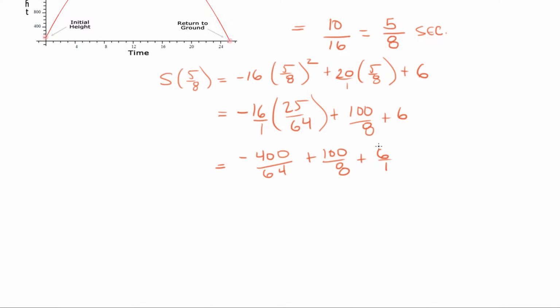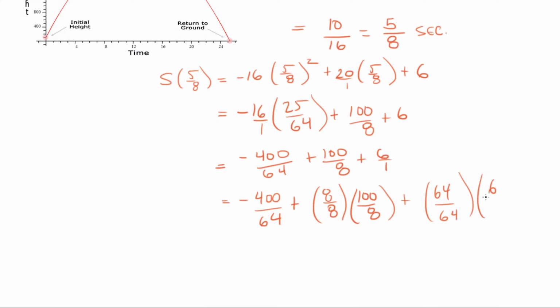Now we need a common denominator, which is 64. So I need to multiply this one by 8 over 8 and this one by 64 over 64. So you're left with negative 400 over 64 plus 800 over 64 plus 64 times 6, which is 384, over 64.